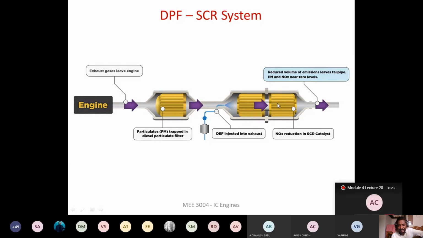This will remove all three: unburned hydrocarbon, carbon monoxide, and NOx. To remove NOx, we have to inject ammonia, or diesel exhaust fluid is injected, which has ammonia or urea, and it reacts with the NOx and removes it. After removing the NOx, the treated, harmless exhaust gas is let out to the surroundings. So this is the latest system.